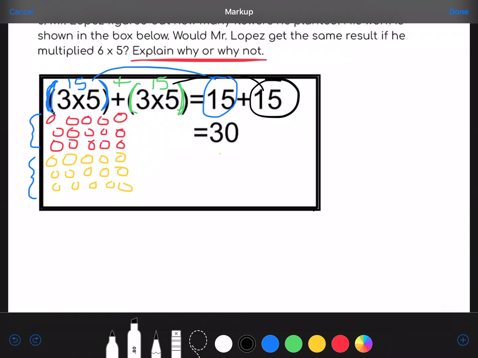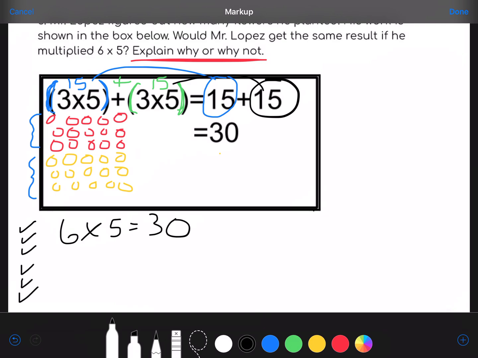The question says, does 6 times 5 make it correct still? Well, 6 times 5 is also 30. We could count by 5s, right? Let's do that. 5, 10, 15, 20, 25, 30. So we counted by 5 6 times and got 30. So it is correct. But when we explain it, they want to make sure that we talk about the distributive property.